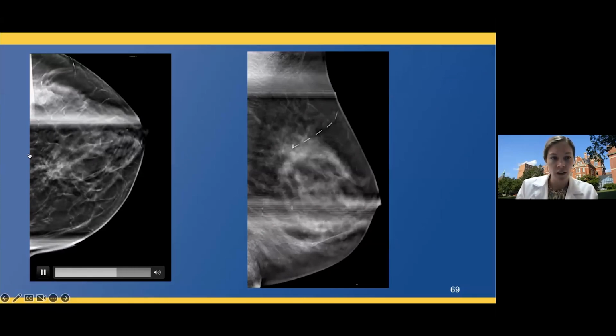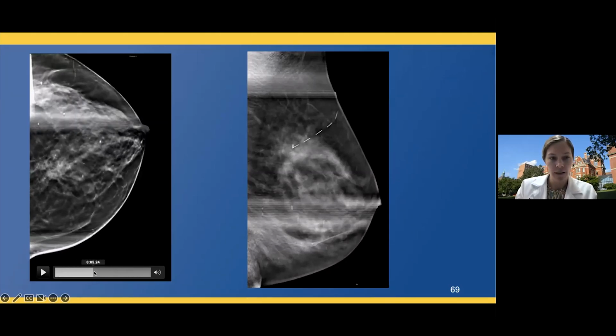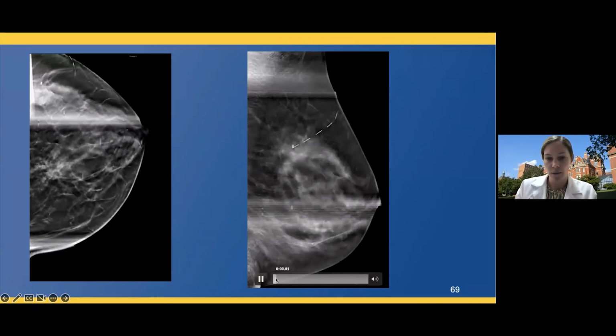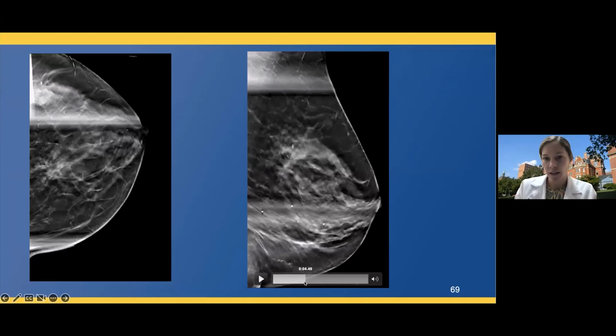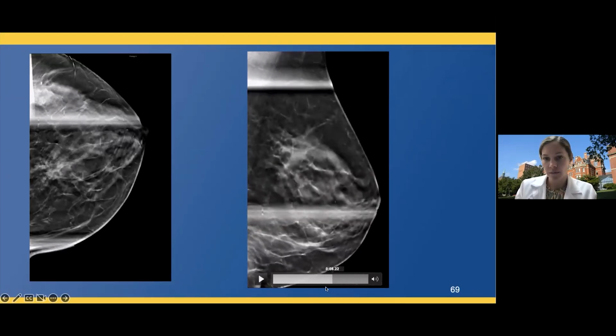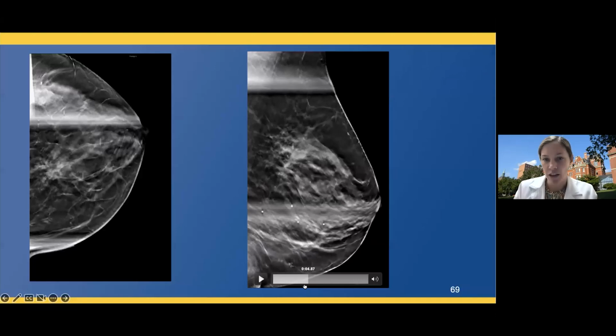So here I'm just going to circle it with my mouse so you can see where I'm looking, and I'm going to scroll back through that finding. And then similarly on the MLO view, we can appreciate that there's a distortion in that upper part of the breast.